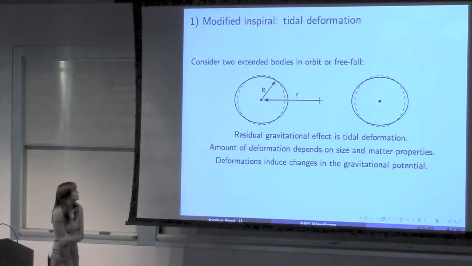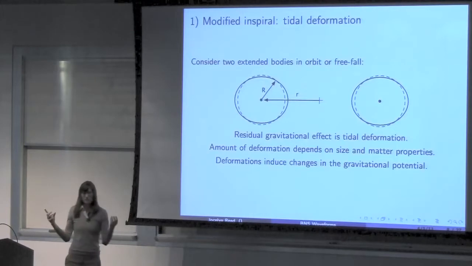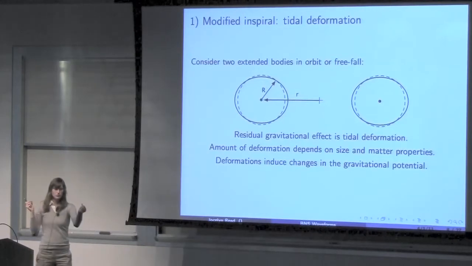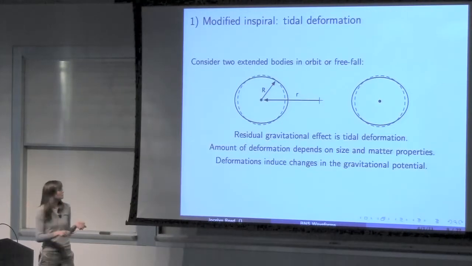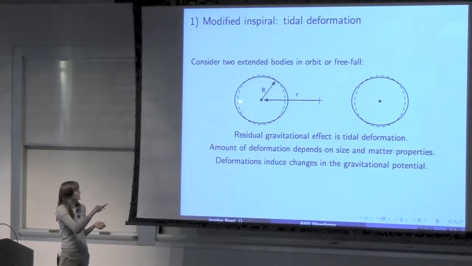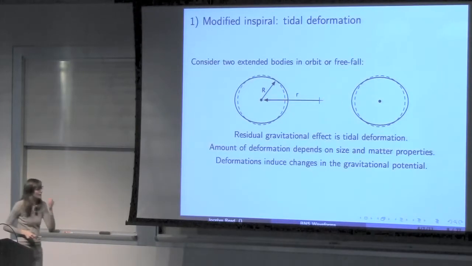Let me start by just outlining the tidal deformation itself. So if you have two extended bodies in orbit or free fall, the first order behavior is the path of free fall or the orbit. The next residual gravitational effect is the tidal deformation that's pulling the tidal bulge toward the body, this part that's closer toward it, while this part gets left behind.